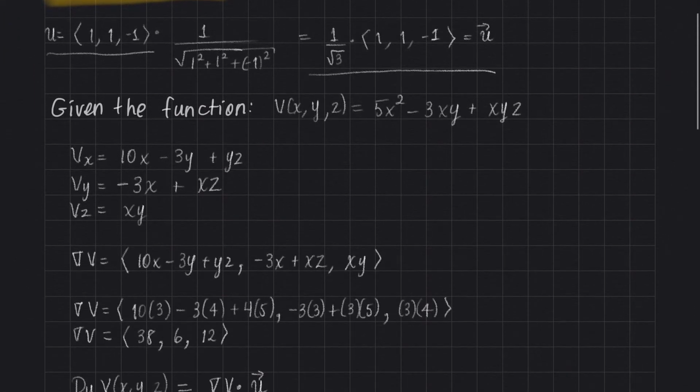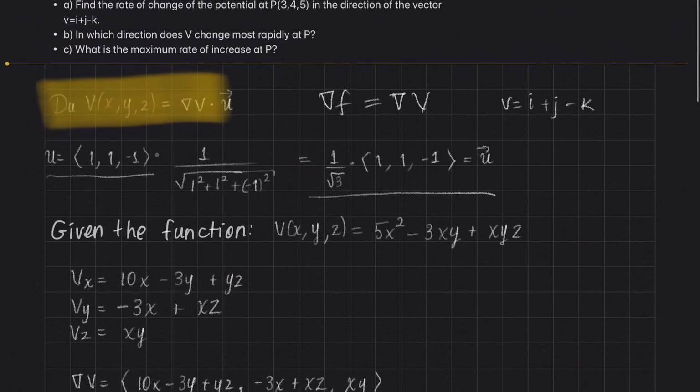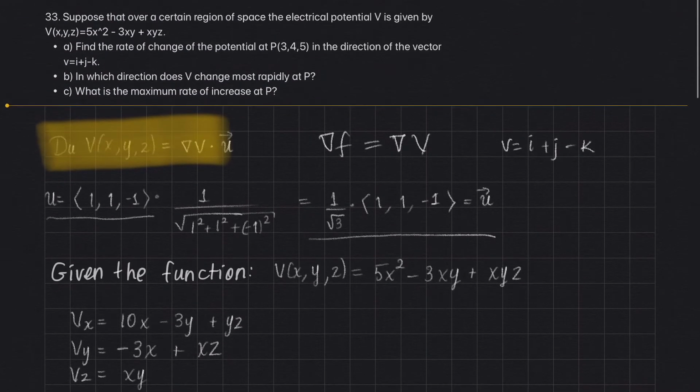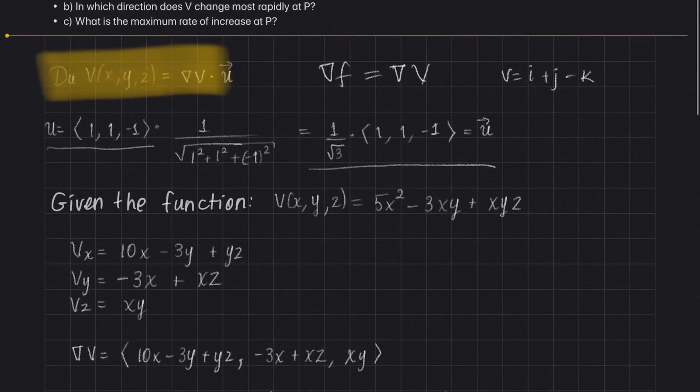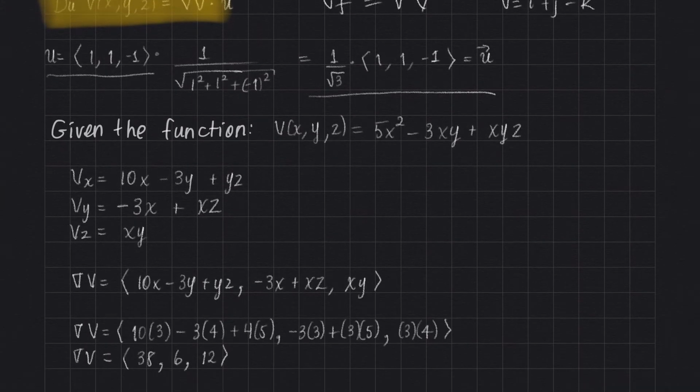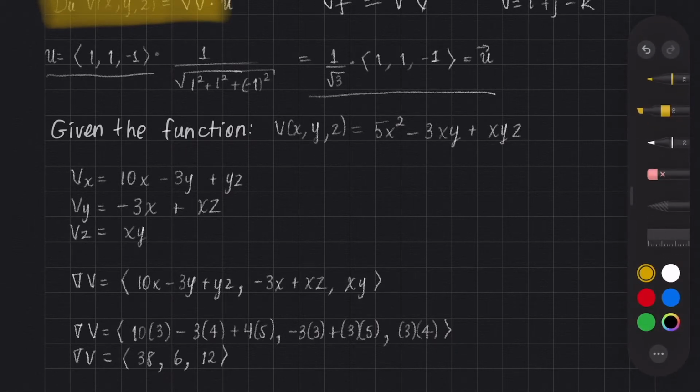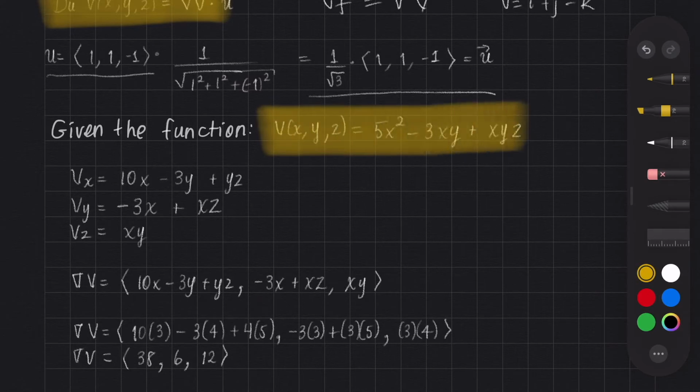So we're given the function of the electrical potential. And here's the equation. Let me highlight it. V of x, y, z equals 5x squared minus 3xy plus xyz.